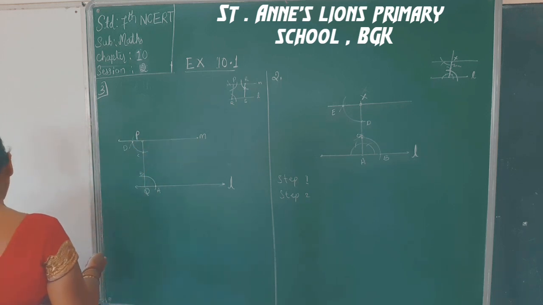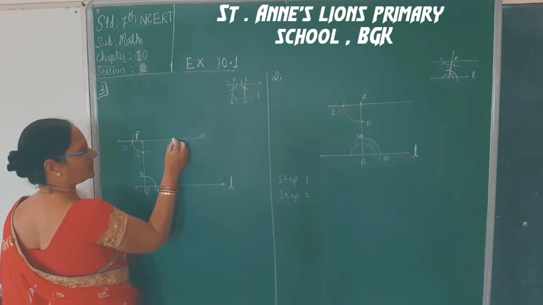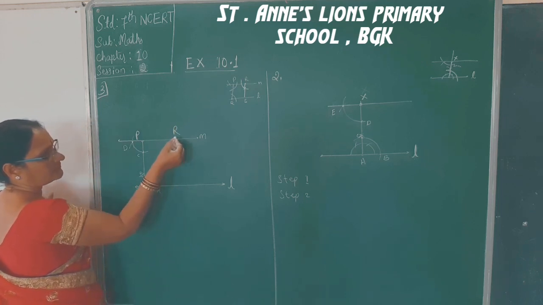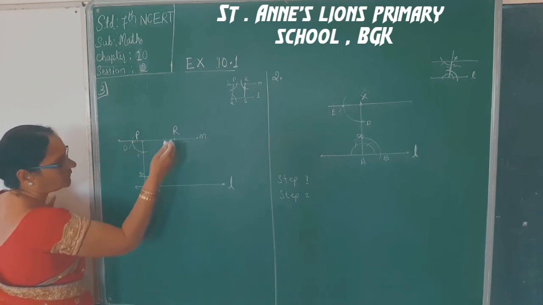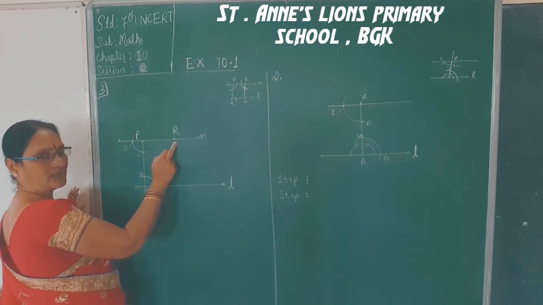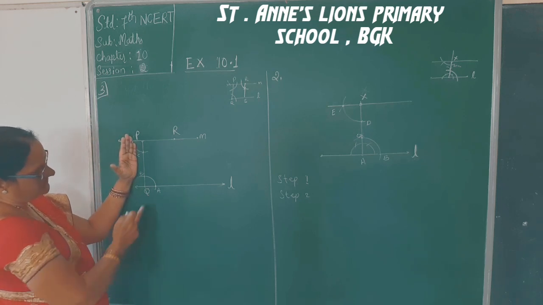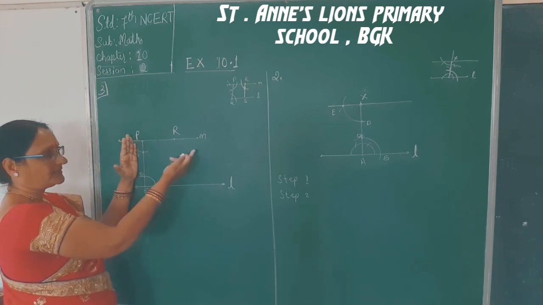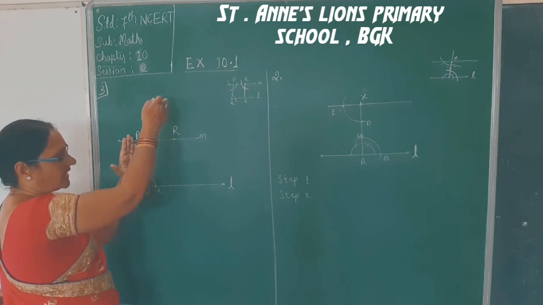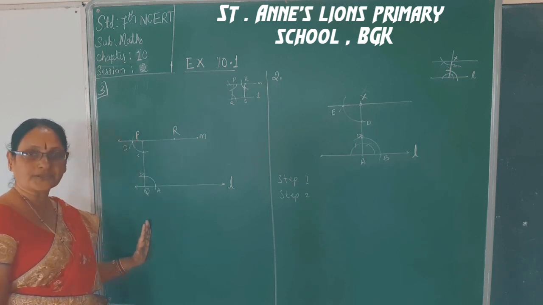Now they are saying on the line M we have to choose one point R. We are taking one point here, R. Through this point we have to draw the parallel to PQ. Now PQ is the given line, R is a point outside the line. Through this R we have to draw a parallel line to PQ.